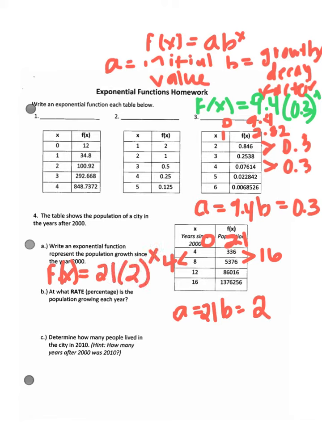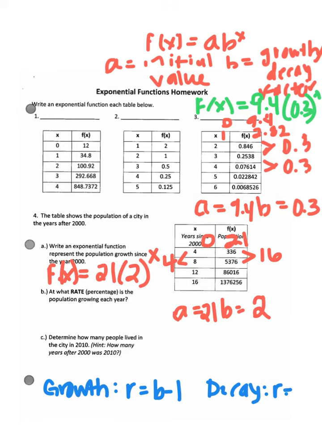So they want to know the rate that my percentage is increasing, or the percentage that my population is growing by each year. So there's 2 formulas. If it's growth, to find r, I do b minus 1. But if it's decay, to find r, I do 1 minus b.